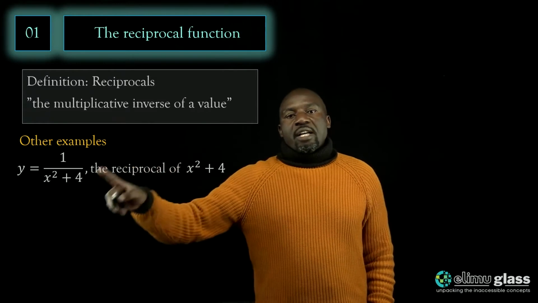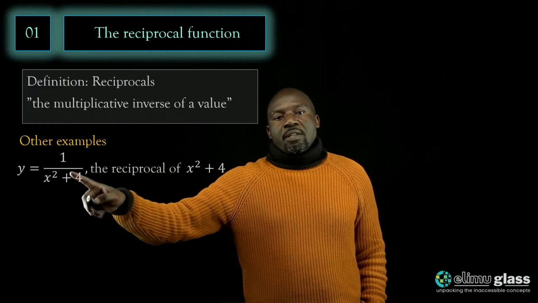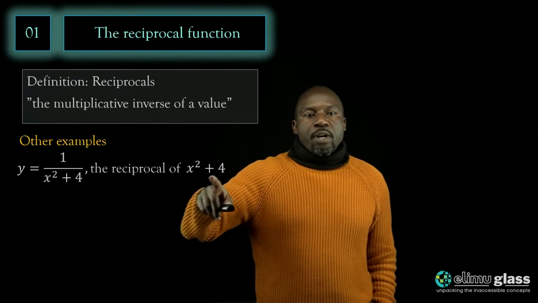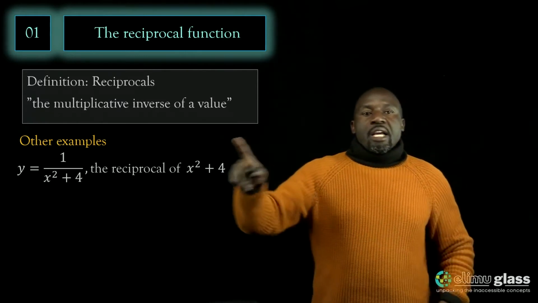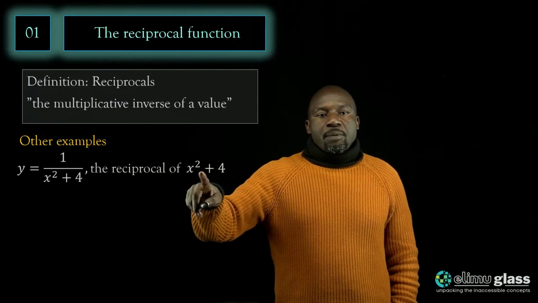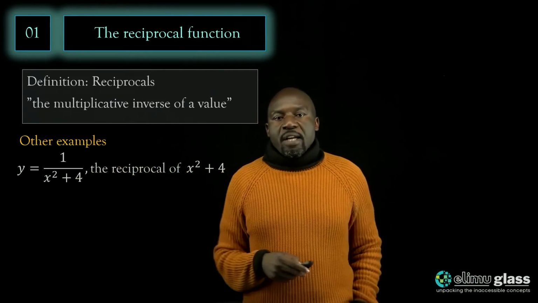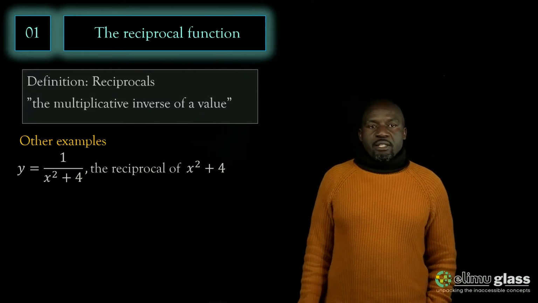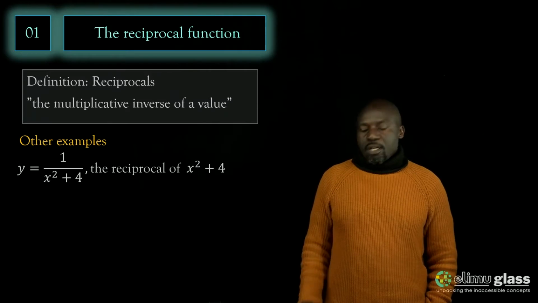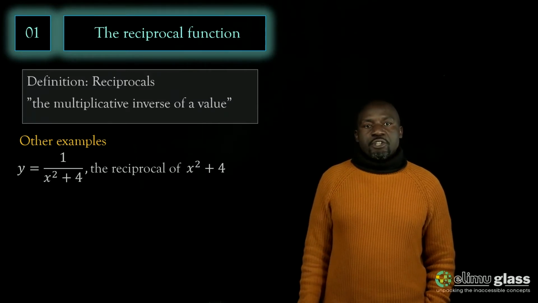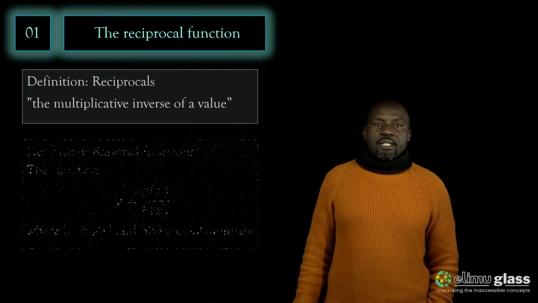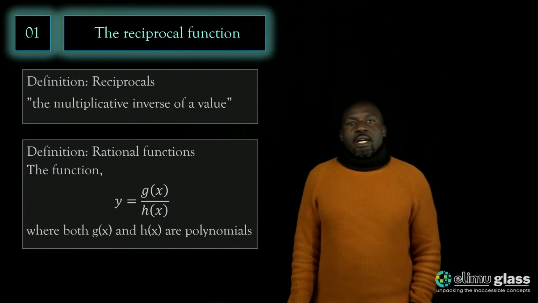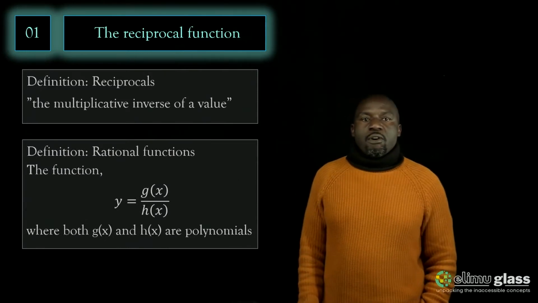So 1 over x squared plus 4 is the reciprocal of x squared plus 4. Similarly, x squared plus 4 is the reciprocal of 1 over x squared plus 4. I hope you've understood what we mean by the reciprocal of a number, or of a function, or of a value, okay? So the second definition is for rational function.